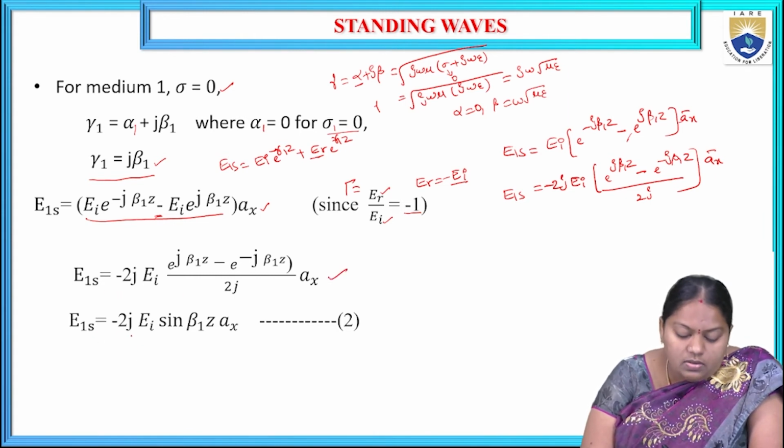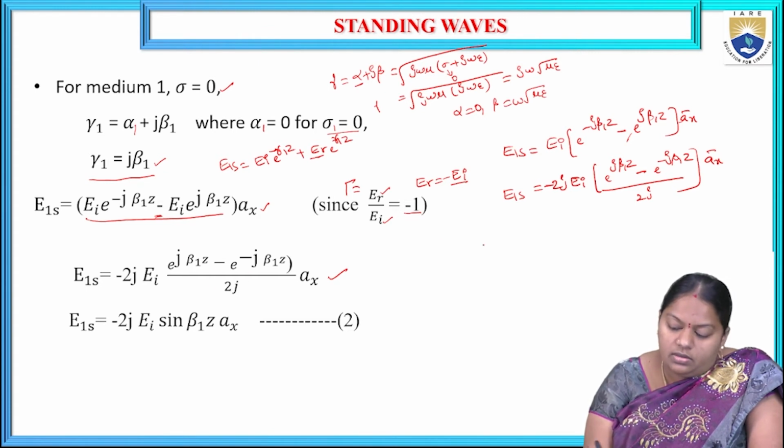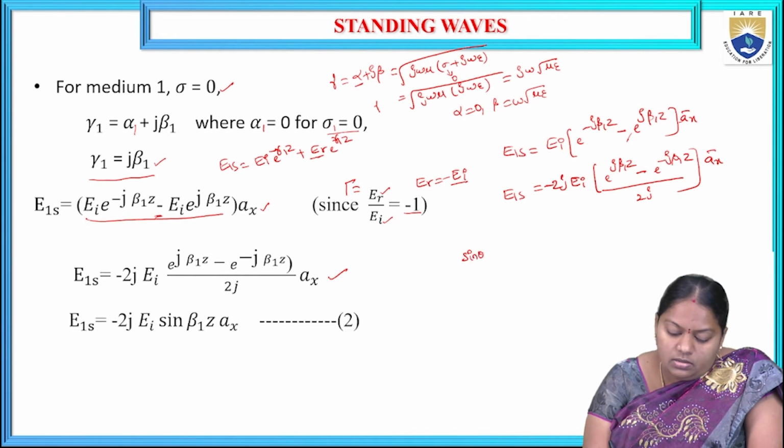Now E1s is equal to minus 2j EI sin β1z ax. According to Euler's formula, sin θ is equal to (e^(jθ) minus e^(-jθ)) by 2j.